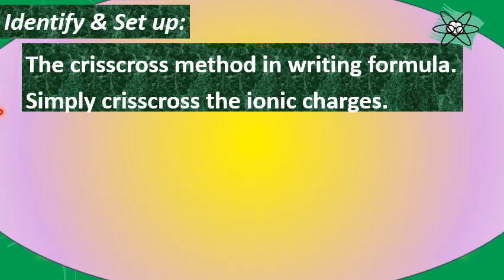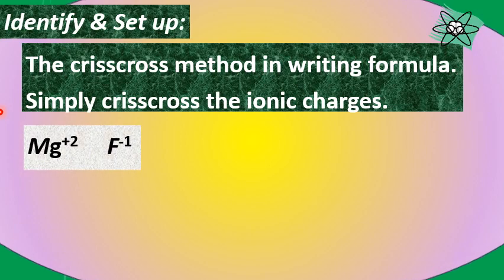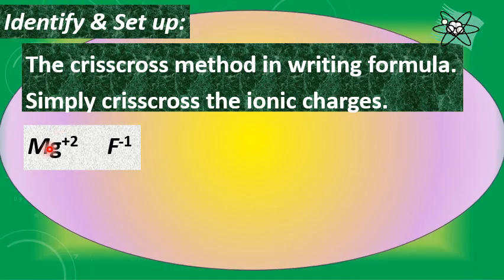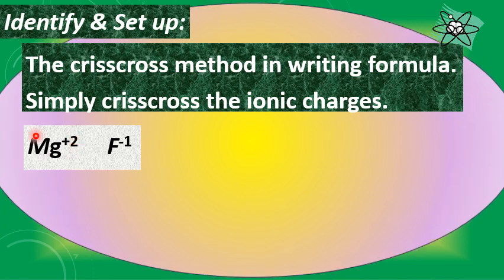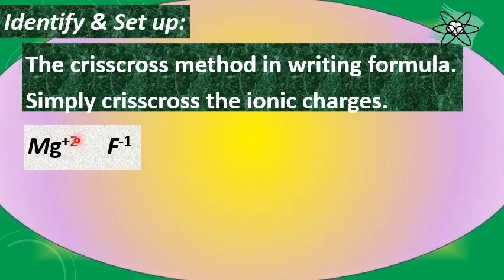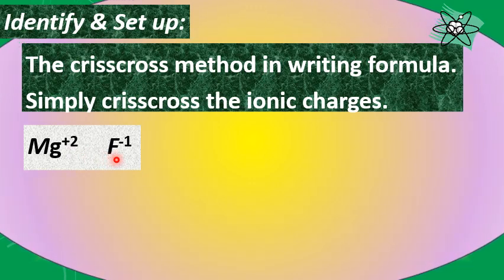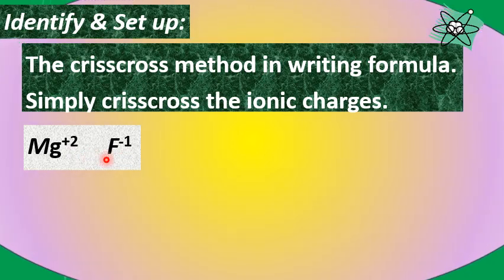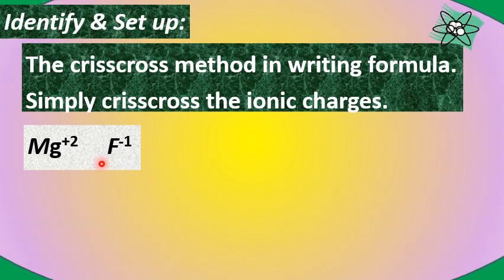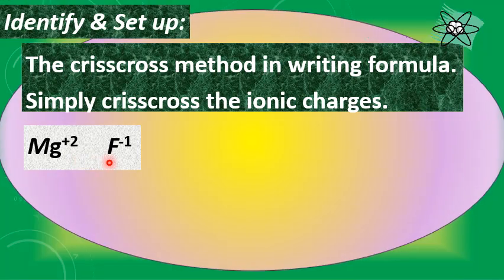For example number 1, we have the magnesium +2 ion. When it combines with the -1 fluoride ion, what do you think will be the resulting formula of the compound?